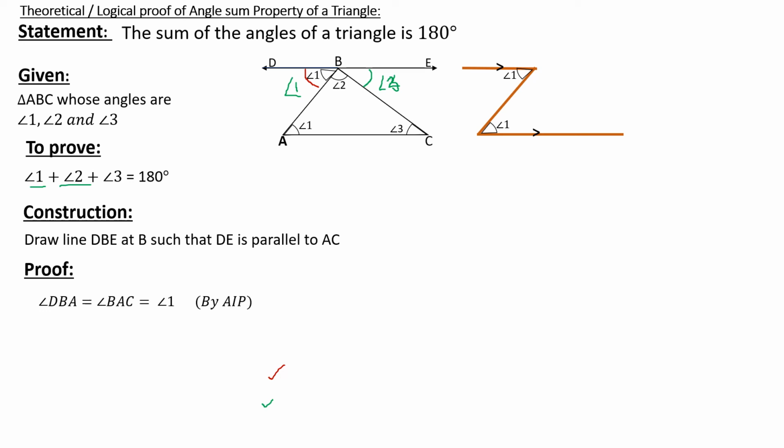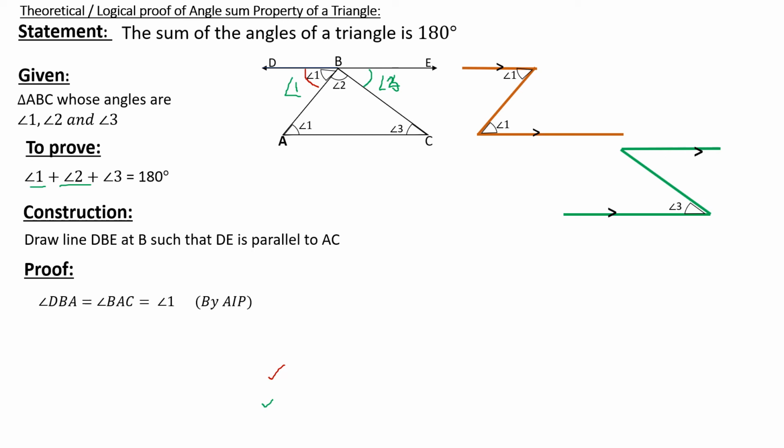Similarly, I am going to prove that this is also angle 3. For this, I am going to use this inverted Z, a vertically inverted Z. I will just make you identify it. It is this. I am just shifting it, segregating it from the picture so that you get it. See here the two horizontal lines, BE and AC, are parallel. And this angle C is angle 3 as it is.